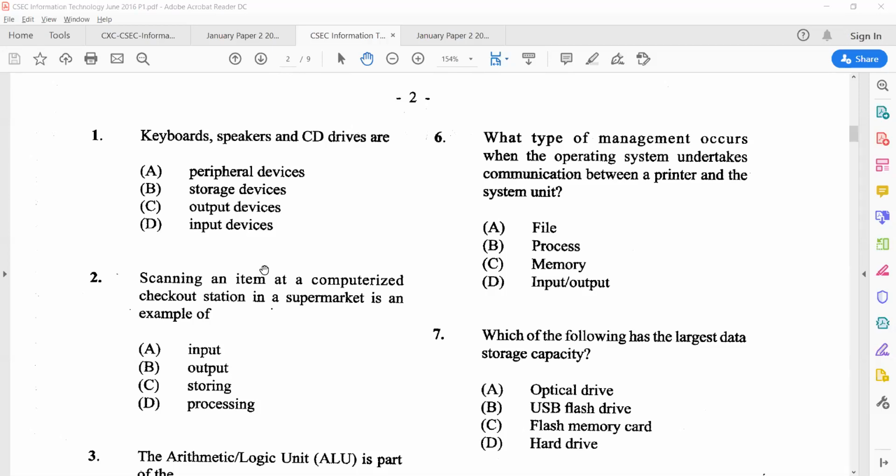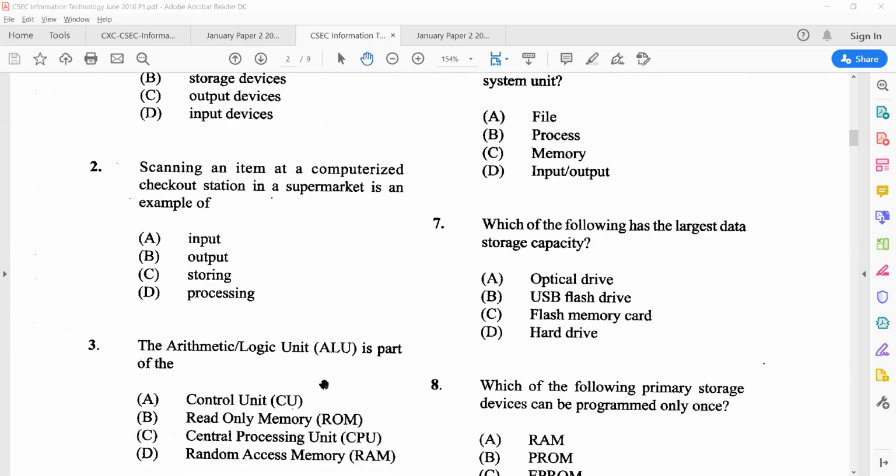A speaker by itself is an output device, and a CD drive could be considered a storage device, or maybe an output device that has storage. All of these are generally called peripheral devices. If you remember, a peripheral device is a device that is connected to and controlled by the computer. Okay, let's move on.